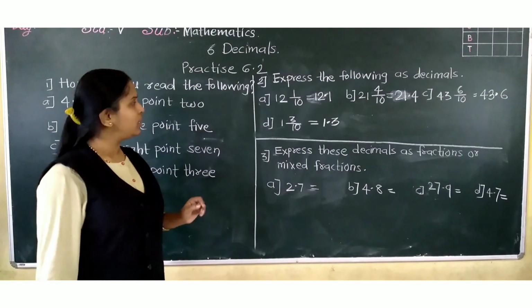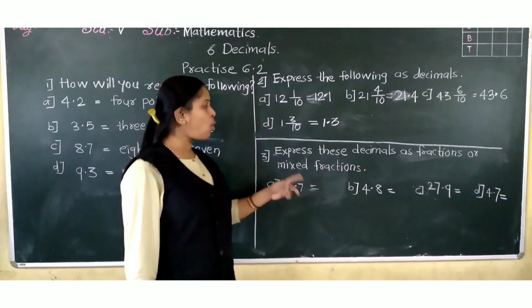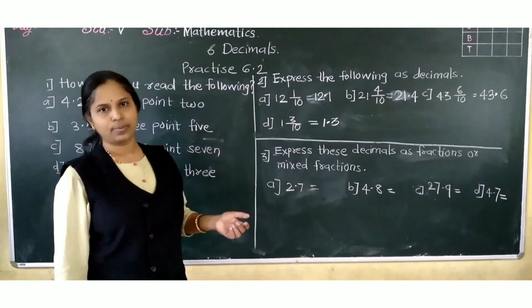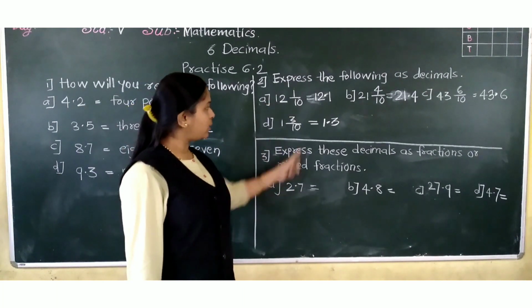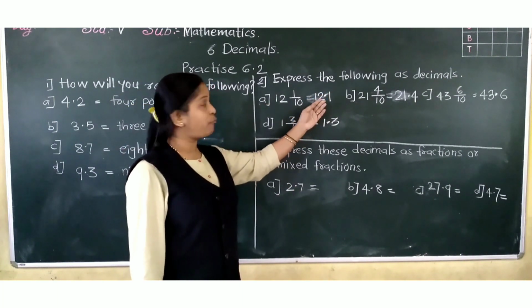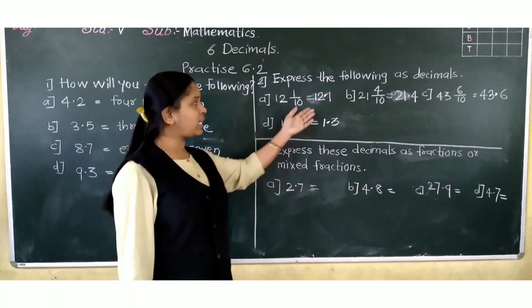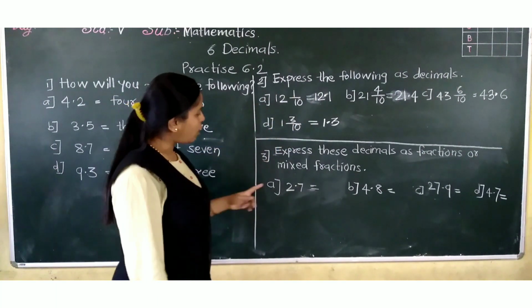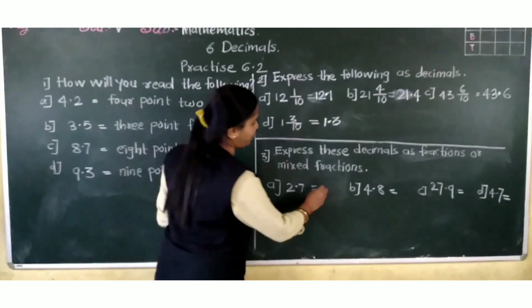Okay. Next, express these decimals as fractions or mixed fractions. We have to write it as in this form. Now see, this form they have given, and from this we have to write this. Exactly opposite of that. Now see, whole part is given. What is it? 2.